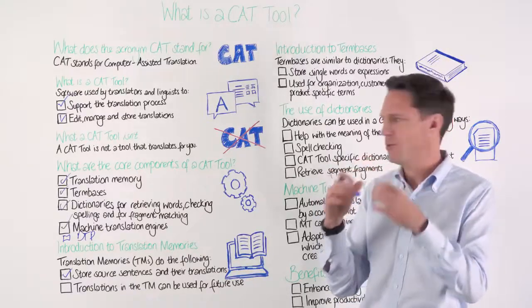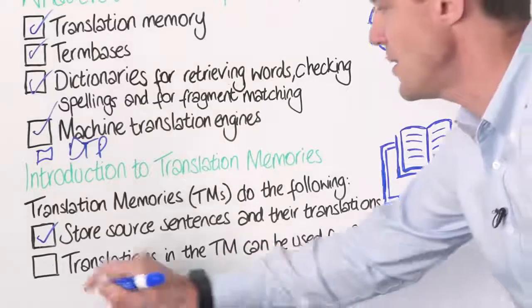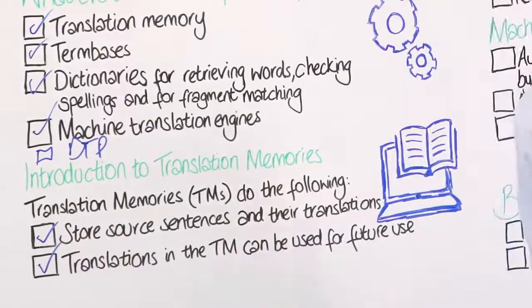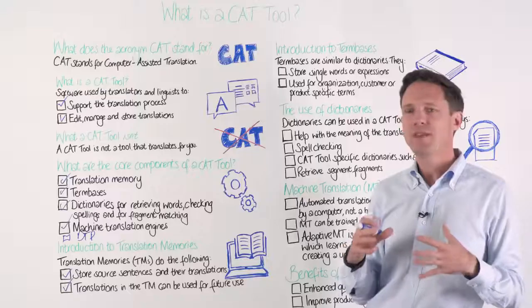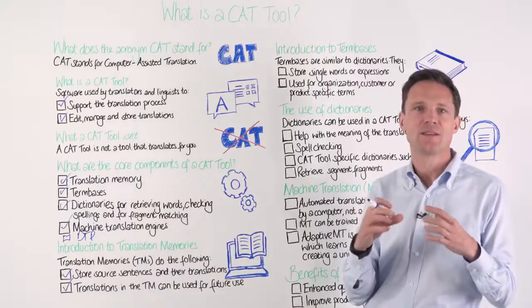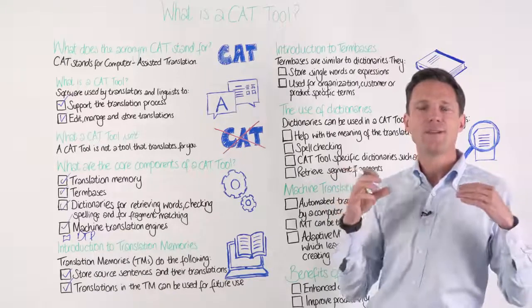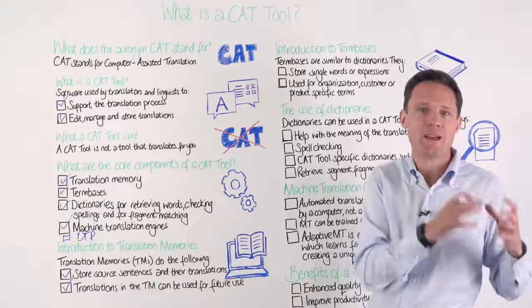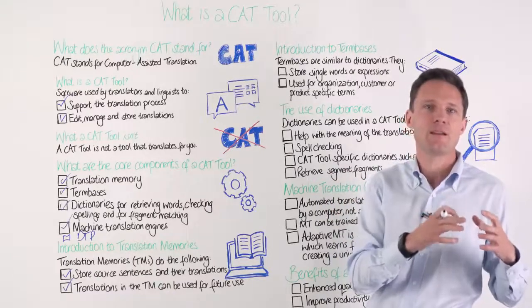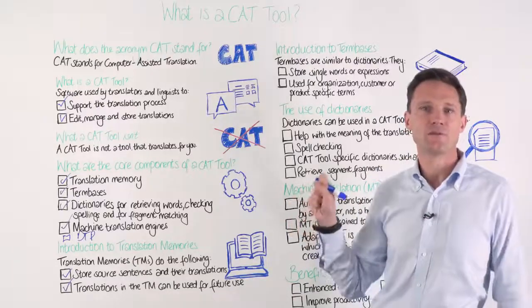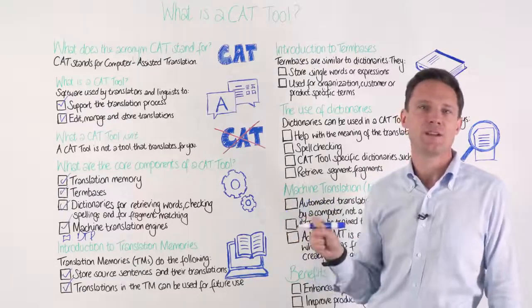That's the key principle. The second thing about a translation memory is that you can use it again and again. Once you have translated a sentence, when a similar sentence or that exact sentence appears again, the translation memory will retrieve it and give you the translation.